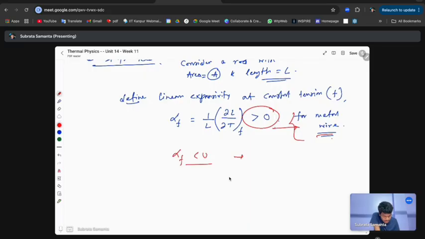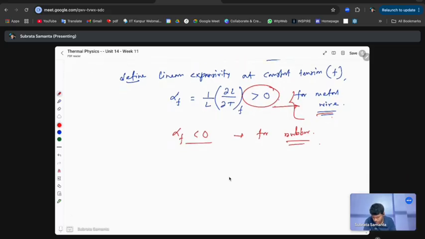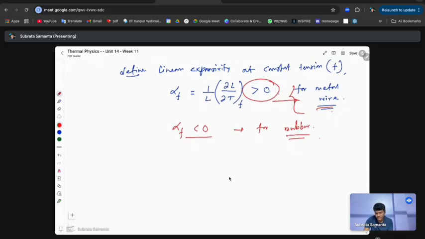So this linear expansivity is negative for rubber.